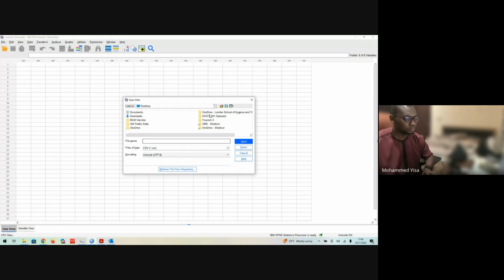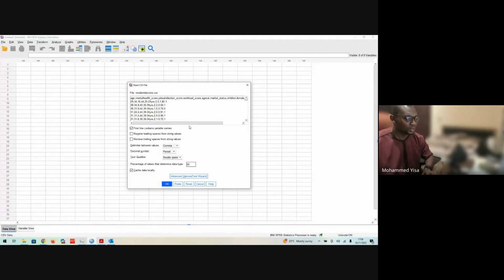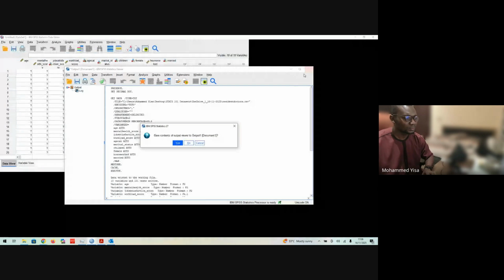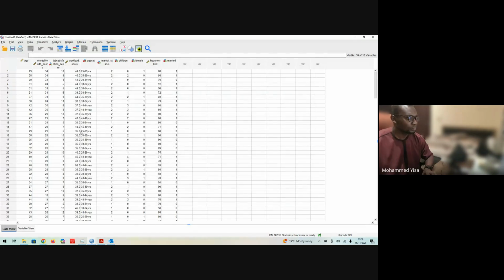Desktop. 101 data sets. Resident doctors. It does take some time. I'm sure you've also experienced similar. Okay, so we can see the data set now.